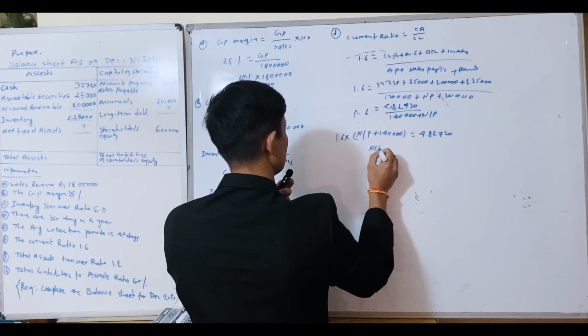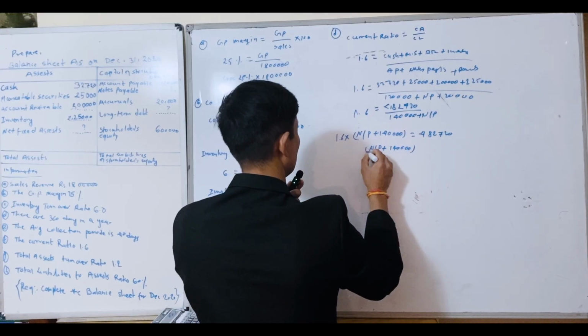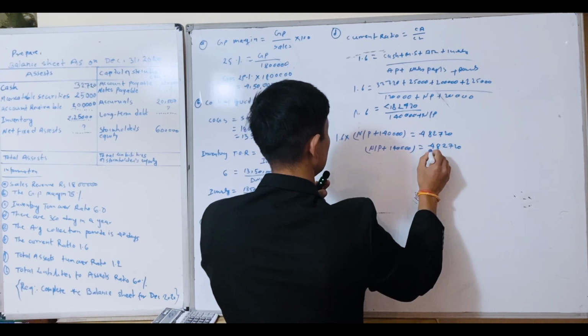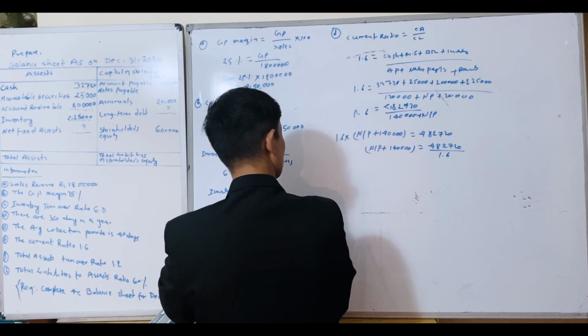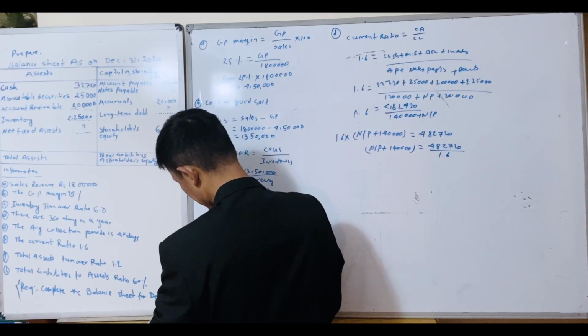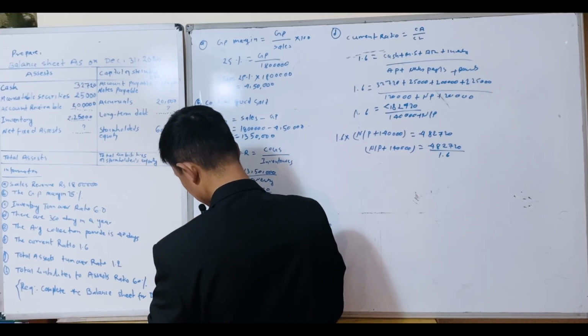Notes payable plus 140,000 is 4,82,720 divided by 1.6. What do we get? 482,720 divided by 1.6.